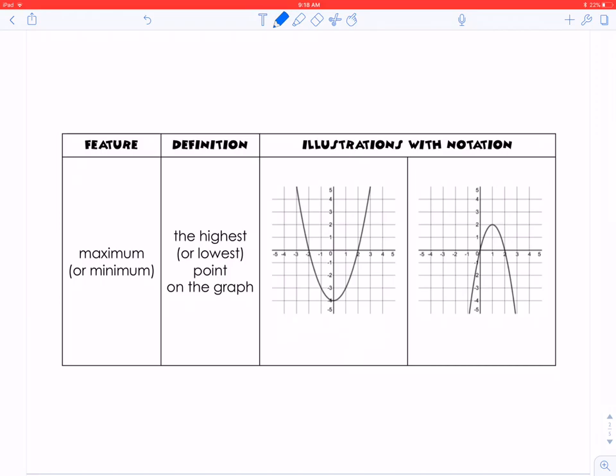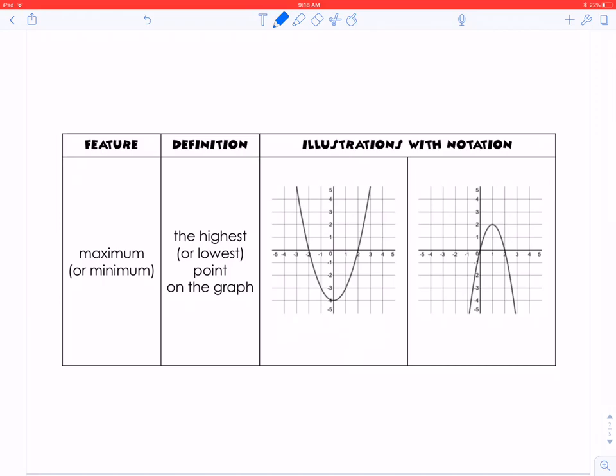And your third and fourth column together give you illustrations that we'll be able to practice putting these key features and definitions to work with proper mathematical notation. So the first graph there in column 3, it's the same all the way down column 3, it's the same graph. We're just going to be looking at different features each time for each row.